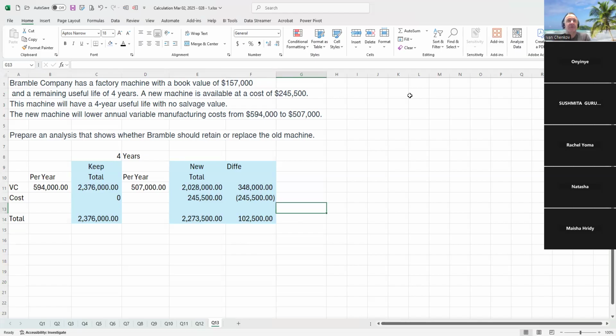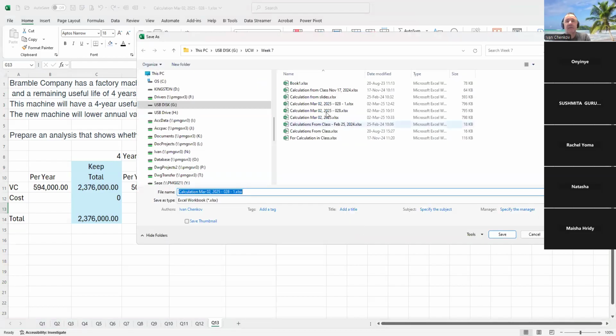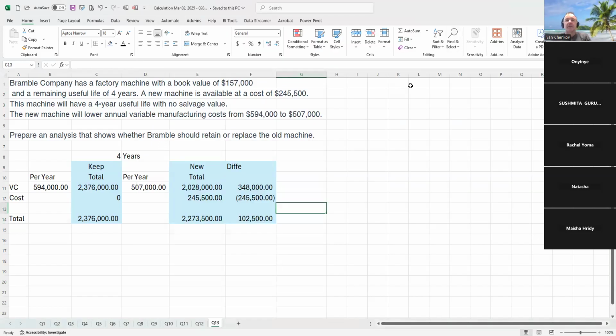So let me show you where I'm going to post this one for you, and you can have it. That's the last thing left for me to show you, where I'm going to post it, and you can use it for your purposes to do your assignment.